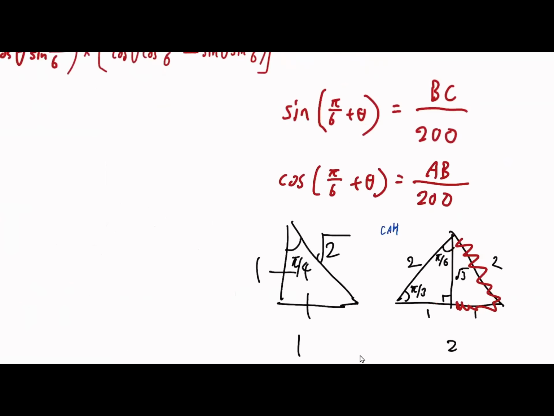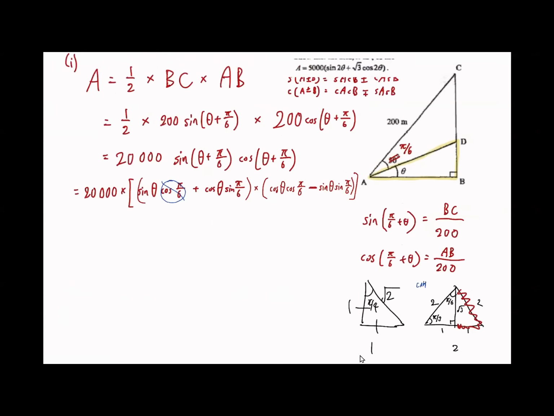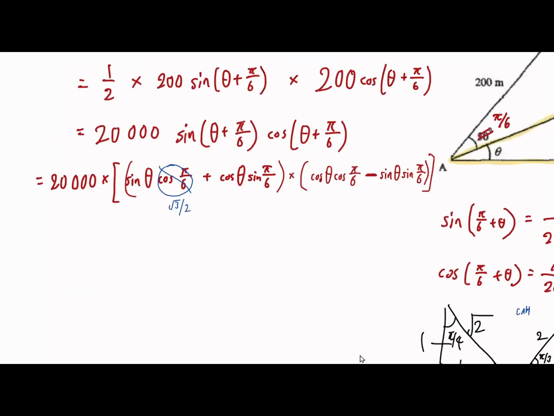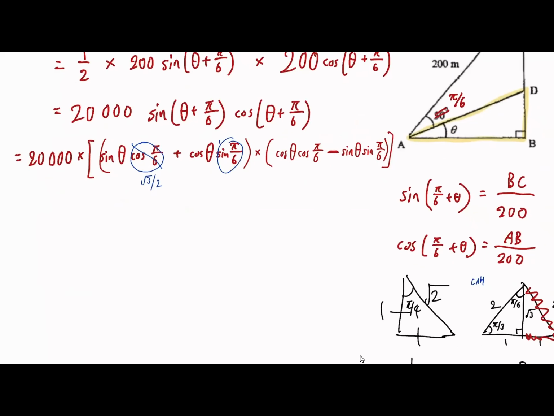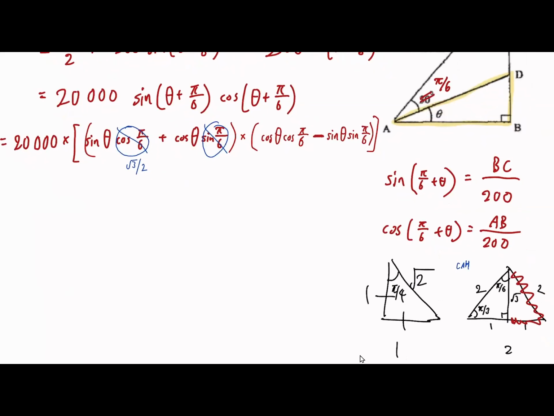Very good. Okay, how about sine pi over 6? 1/2. It's just half. Wait, correct. You're correct. I'm wrong. I'm tired. Okay. Cosine pi over 6? Same thing. Yeah, okay. Square root 3 over 2, sine pi over 6, 1/2.